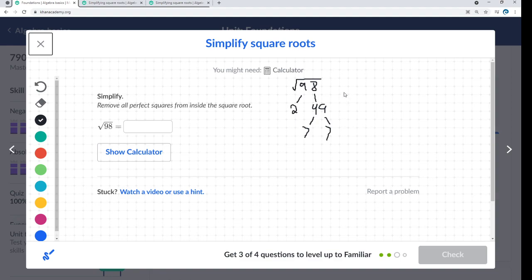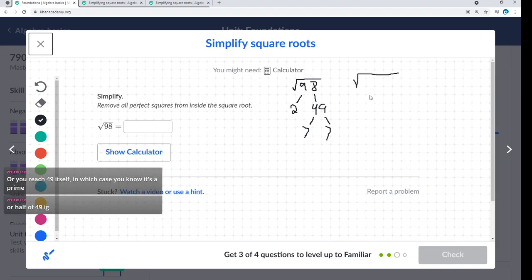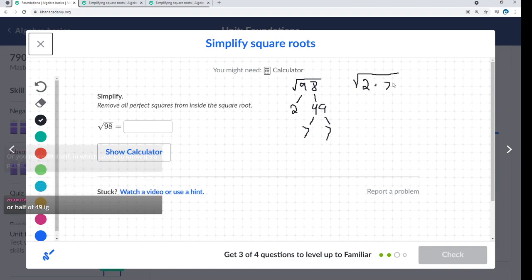Okay, cool. So we got our numbers here because nothing's going to divide into 7. So then we're going back up here. We'll start all over again. And we have 2 times 7 squared, or 7 to the second power.